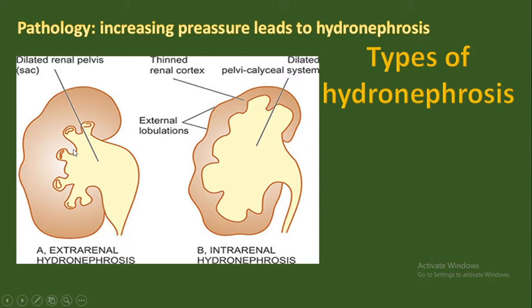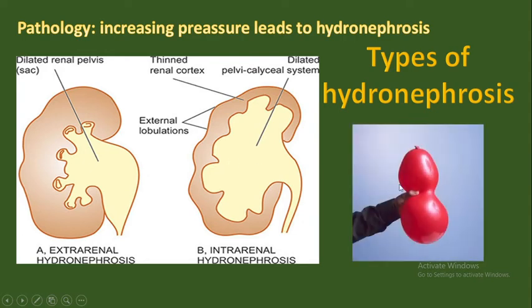Also, there is something we want to know: why is this like this and this like this. Now we'll take an example of a balloon. This is only an example. We will say that this is the renal pelvis, and this is the renal calyces within the kidney. So here the hand is compressing the kidney, the renal pelvis, and the renal calyces.